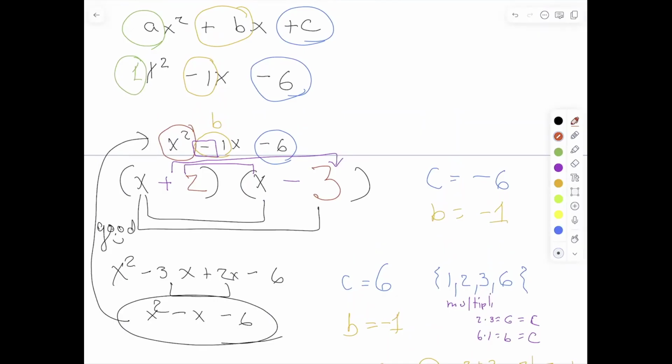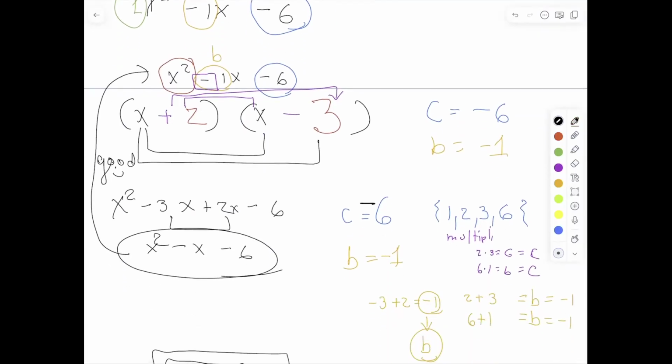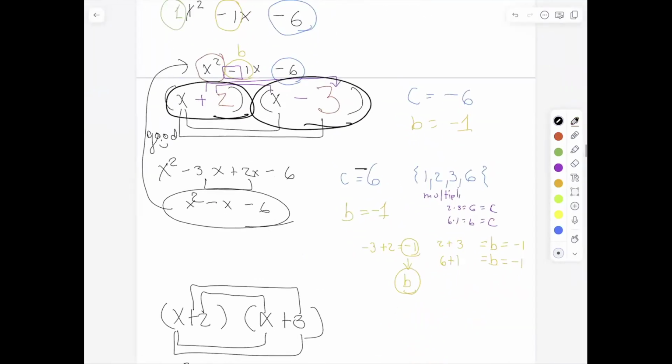What 2 values from those values that we just mentioned, 1, 2, 3, and 6, when I add them together, will give me a negative 1 and give me a negative 6? Negative 3 and 2. That's it. And that's what we did. And that's how we got x plus 2 and x minus 3. That is factoring. And that will be on the test.